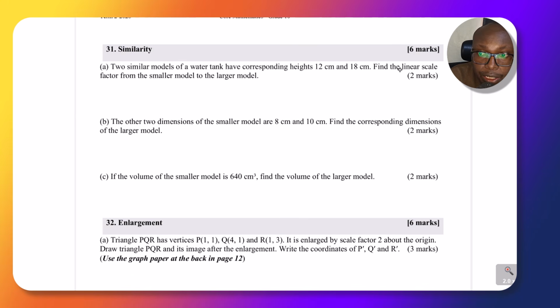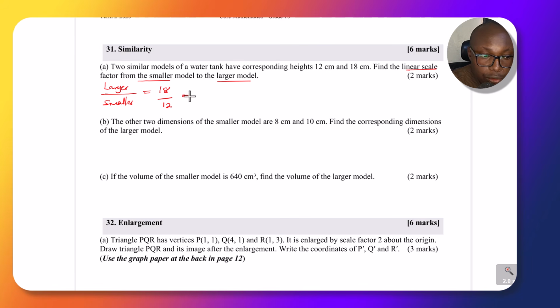So you need to understand that, and we found a similar question in section A. So this ratio is supposed to be this way: we will start with the larger in the numerator, then divided by the smaller. So in this case, we have the larger as 18, and the smaller as 12.